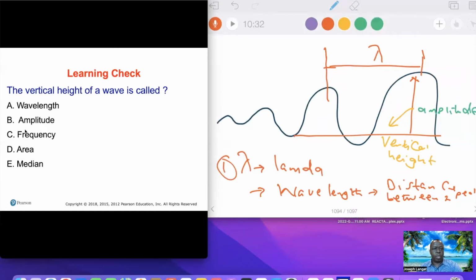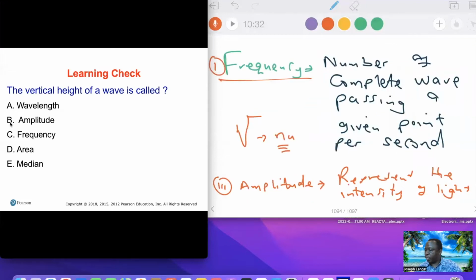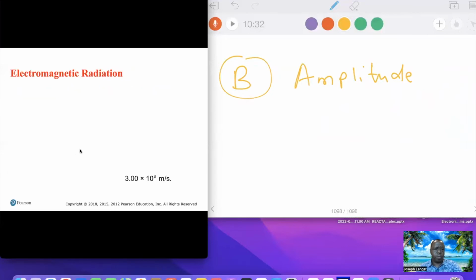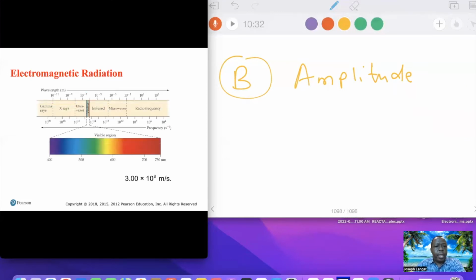Amplitude is the correct answer for this question. So I'll say this is B, amplitude. Frequency is just the number of waves. We don't have anything to do with D or E. E or D is non-existent.